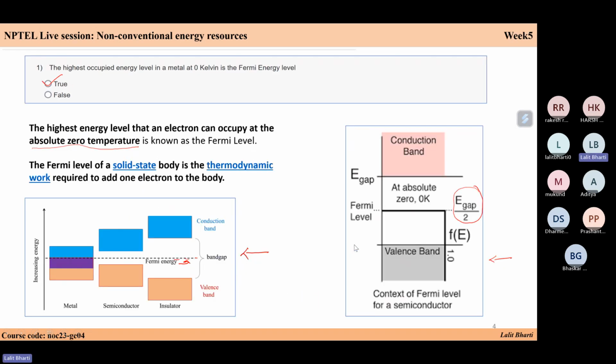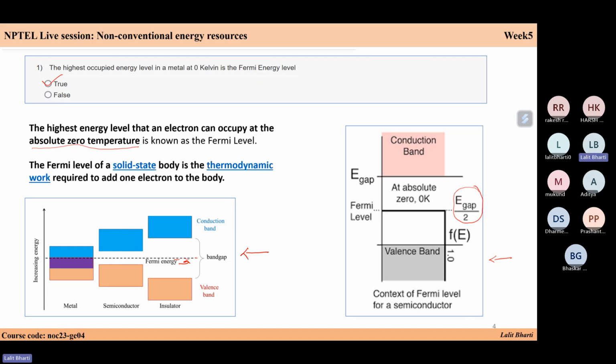This is again the representation of the Fermi energy level between the conduction band and valence band. Usually at absolute zero, for the intrinsic case, it is at half of the band gap. If there's no doping, it should be at half of the band gap. Doping means you are adding some electrons or holes.